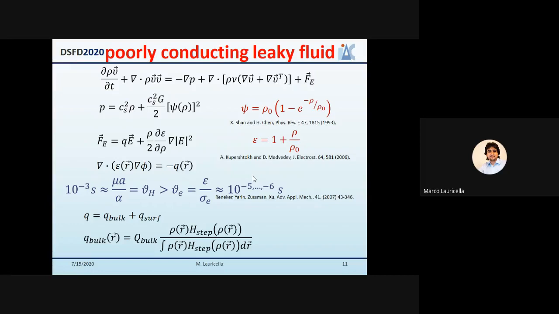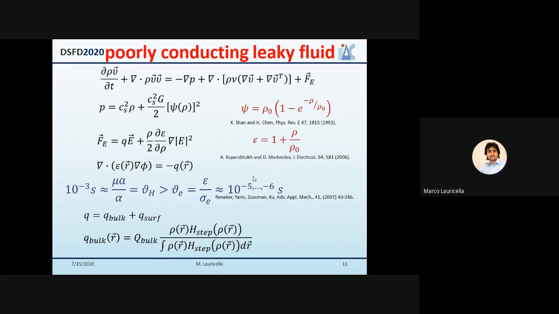So in this context, we can, as an approximation, neglect the problem of the diffusion of the charge carriers in the liquid. However, it is important to highlight that only in such condition we can make this assumption.